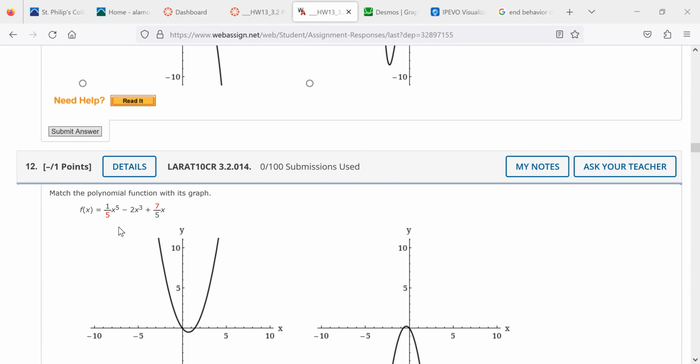Okay, what is the highest degree of this polynomial? Right, the highest power is the degree, and it determines the end behavior.